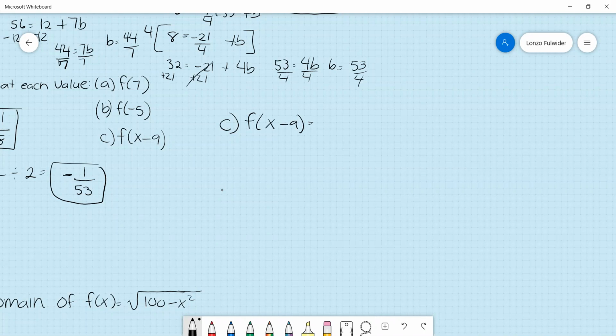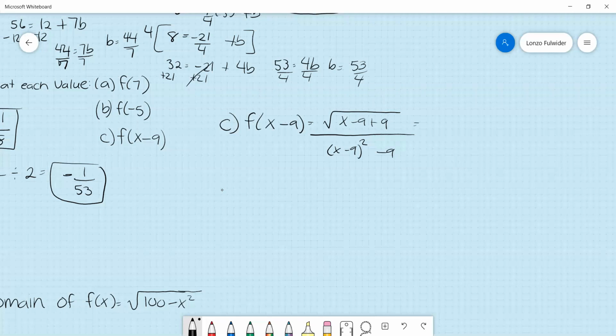Wherever you see an x, you're going to put x minus 9. So you kind of have to be careful. So this is going to be radical x minus 9 plus 9, all over x minus 9 squared minus 81.